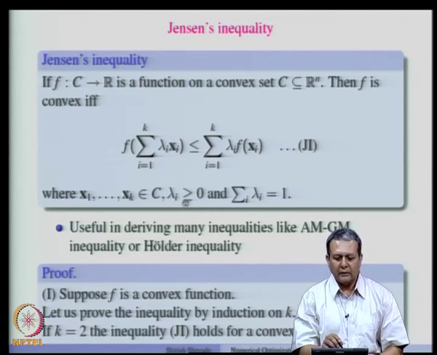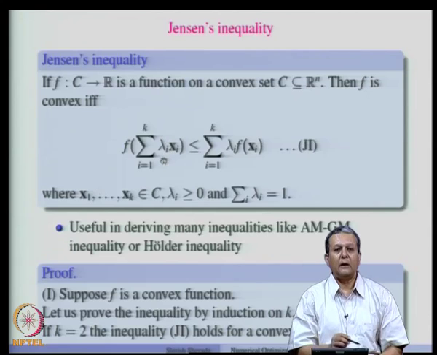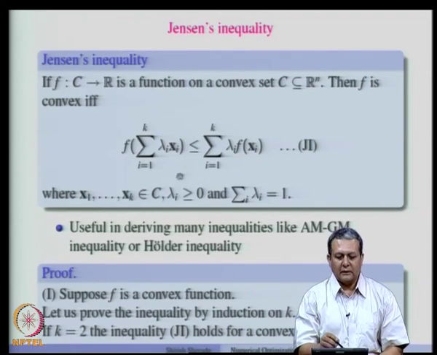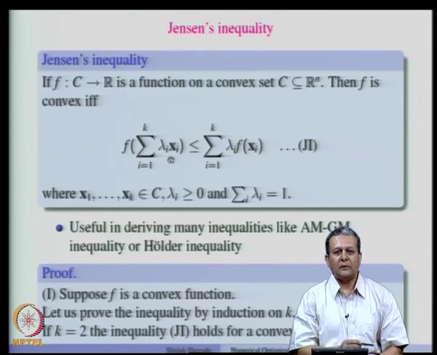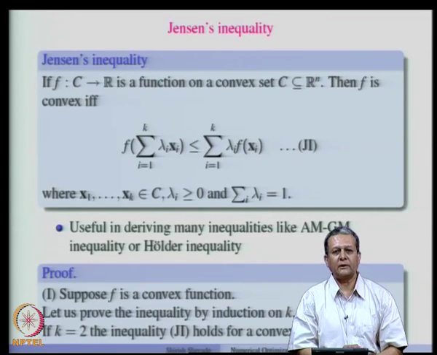Under these conditions, sigma lambda_i x_i is called a convex combination of the x_i's. This inequality, as you can see, is a generalization of the definition of convex functions to more than 2 points in the convex set.